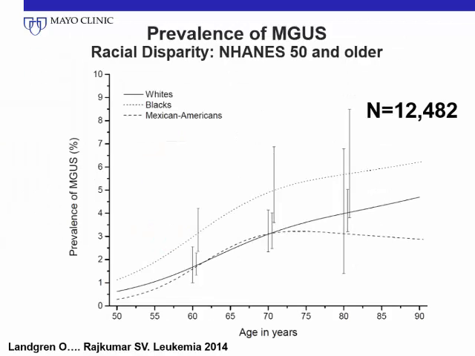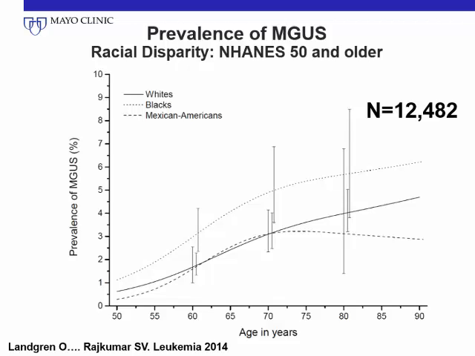These are studies I did with Ola Landgren at the NCI at the time. We both collaborated on these studies. The first one was a study of the NHANES, the National Health and Nutrition Examination Survey, which samples the entire United States by a stratified random sampling. So when you get data from NHANES, it reflects the whole US population.